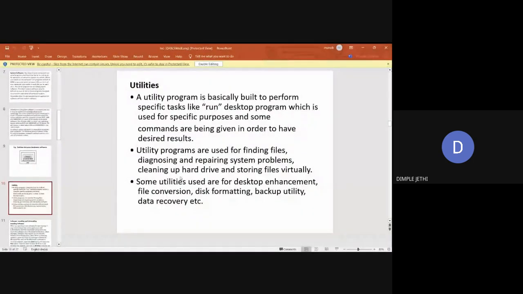clear unnecessary data from your mobiles, right? So you want to clean your hard disk. For disk formatting, you have some software. For taking a backup, you also have some utility. For data recovery also, right?